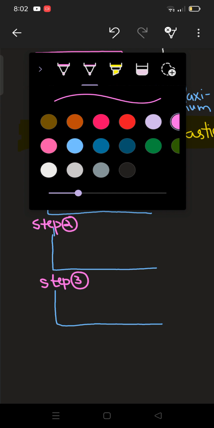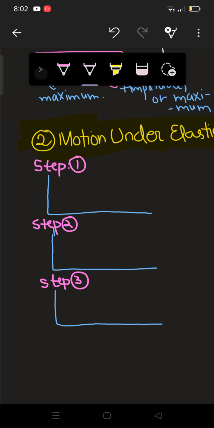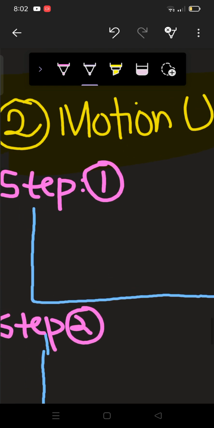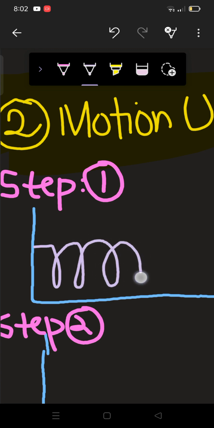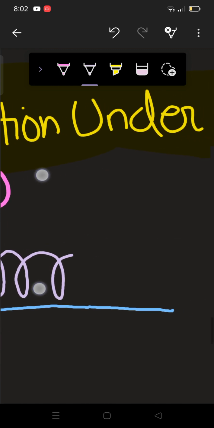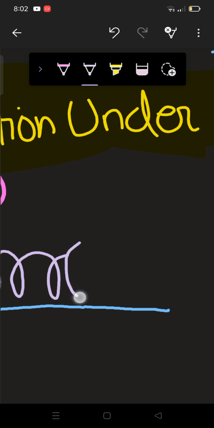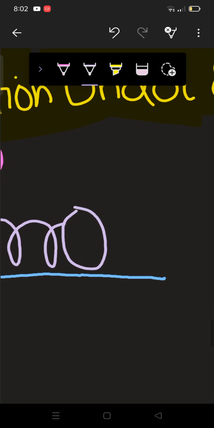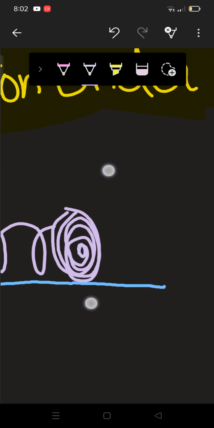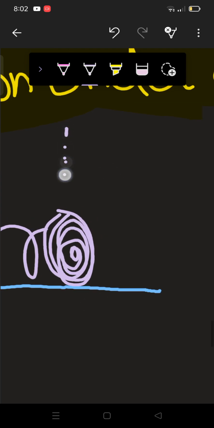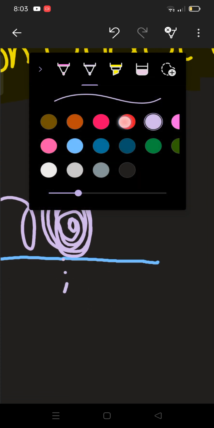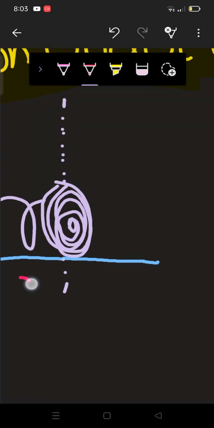Let's make the spring with a mass of body M. Here I have a spring with a mass attached. Originally this mass is here, which means it is on its mean position.